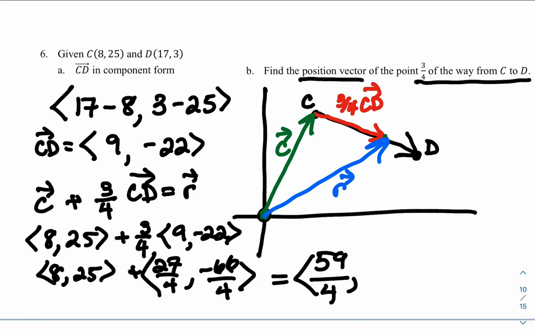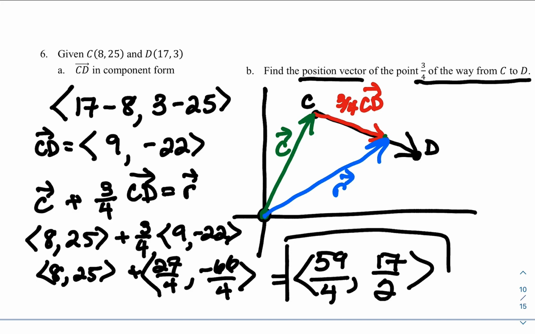And then 25 minus 66/4 should get you 17/2. You could write these as decimals if you wanted to, or put them in fractions. Either way works. We would probably want an exact answer, so make sure you're not rounding. So that would be the answer to the question being asked.